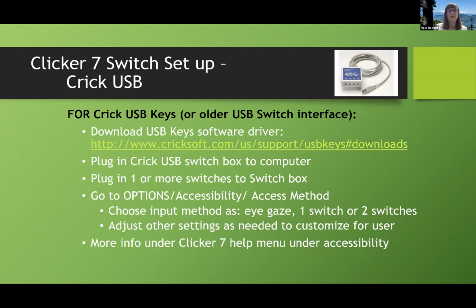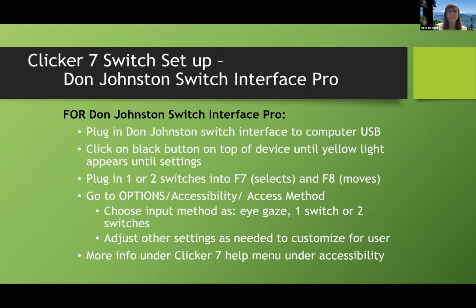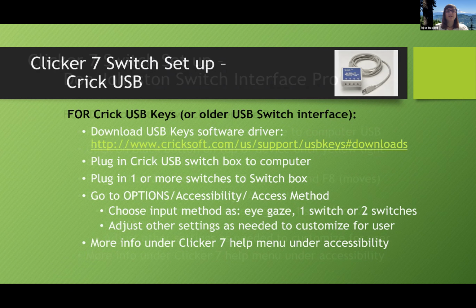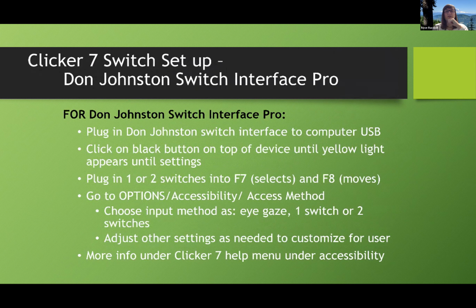And if you want to brainstorm on Book Creator, I know it's possible and I can help you figure it out. If you have the Crick USB, here are the steps. If you have a Don Johnston Switch Interface Pro, here are the steps. I won't go through that now, but I wanted that to be a resource for you to look back on.